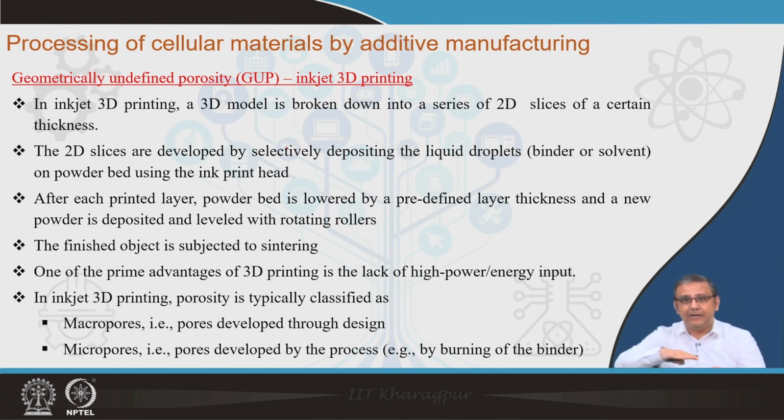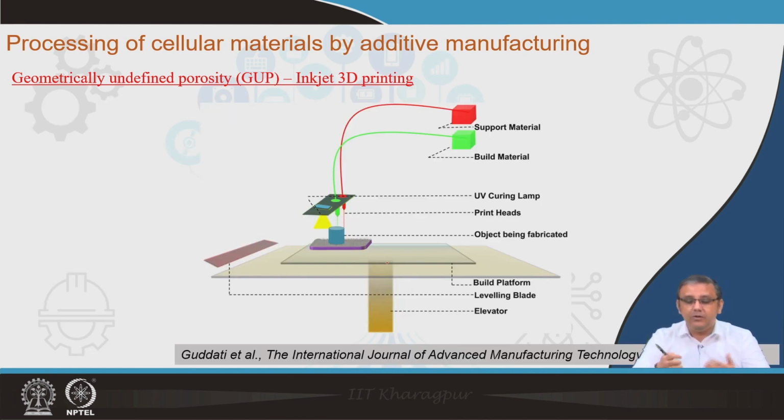After one predefined layer has been fabricated, the platform moves down by a predefined thickness and the next layer is deposited. This is the basic process of inkjet 3D printing, and we can precisely control the porosity and the pore morphologies by this technique very well.